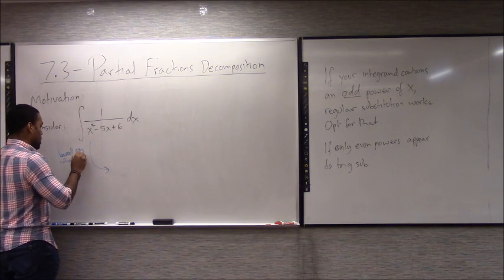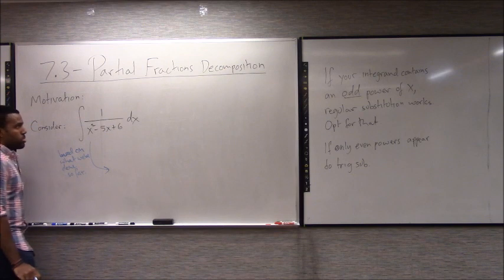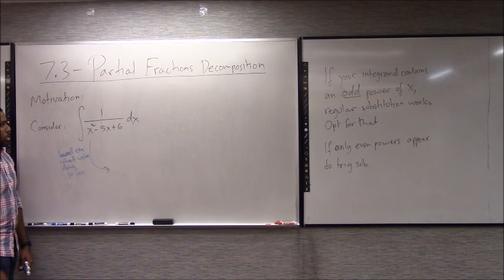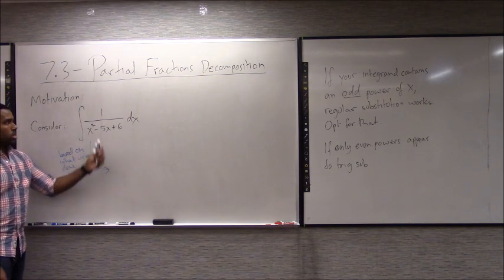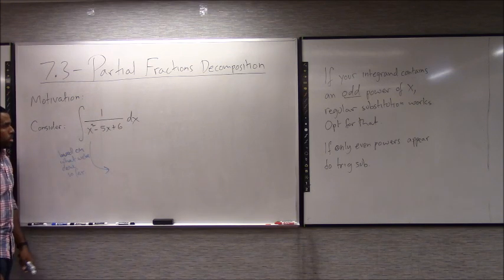At this point, probably your best bet for actually attacking an integral like that would be trig substitution, right? Because sure, you can take a u equals the denominator, but then you'll get a 2x and a minus 5, and you don't have those guys. Integration by parts, I don't see how that's going to work. And yeah, pretty much trig substitution.